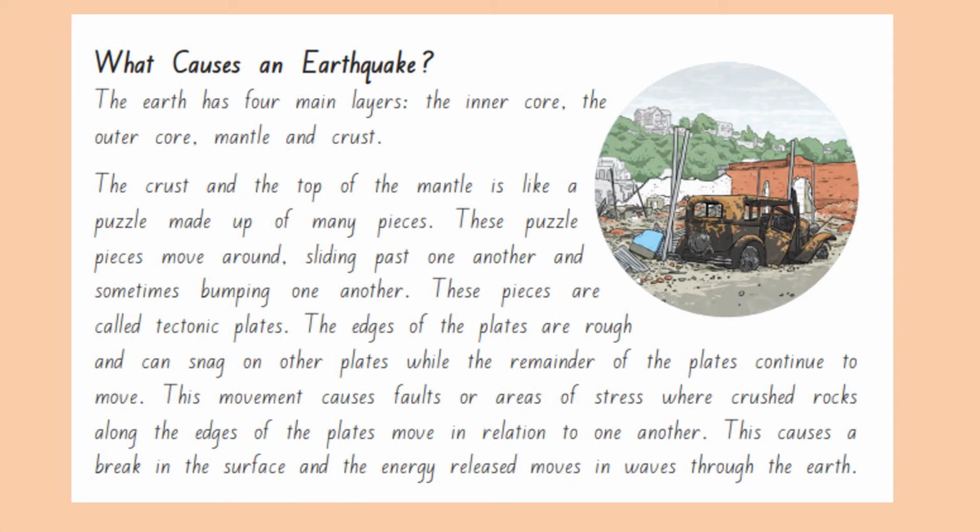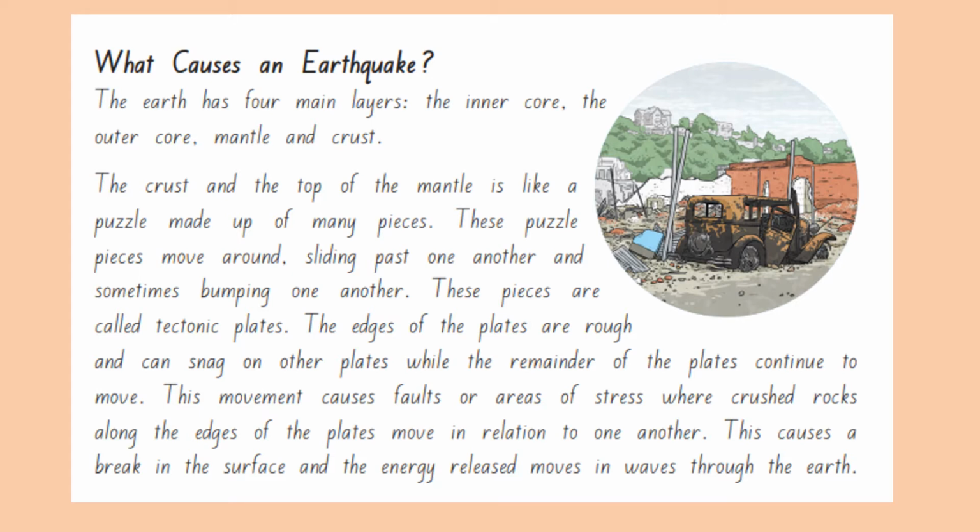What causes an earthquake? The Earth has four main layers: the inner core, the outer core, mantle and crust. The crust and the top of the mantle is like a puzzle made up of many pieces. These puzzle pieces move around, sliding past one another and sometimes bumping one another. These pieces are called tectonic plates.